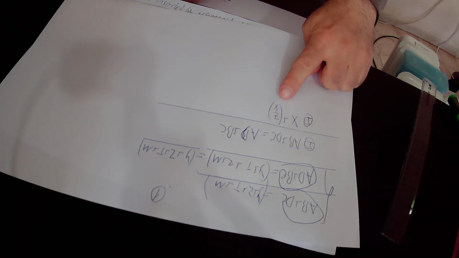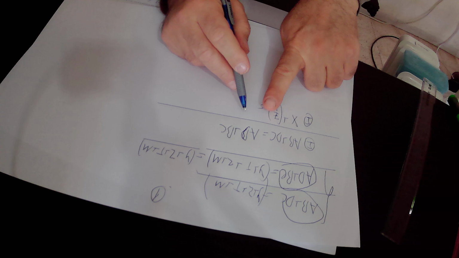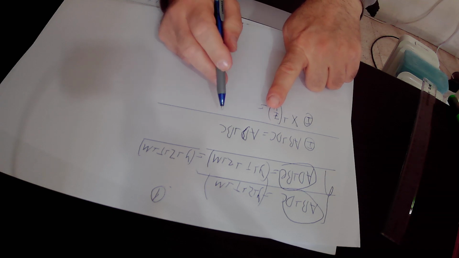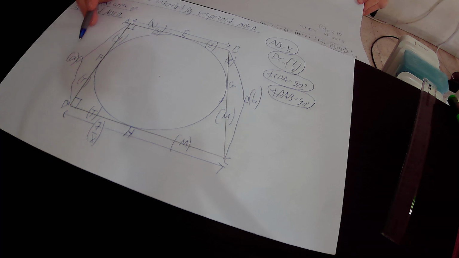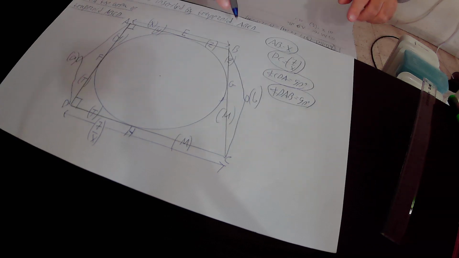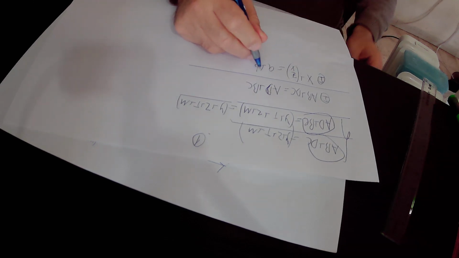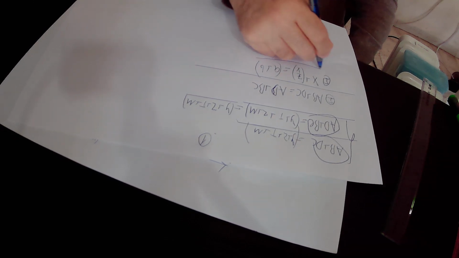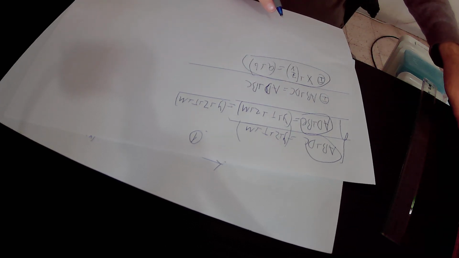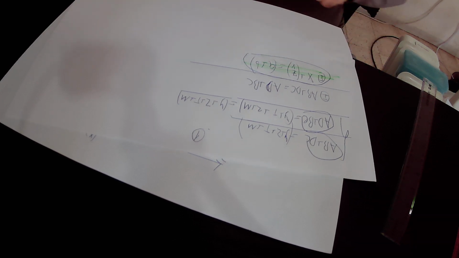So in total, AB plus DC equals X plus 7 over X, and according to equation 1, it equals AD plus BC, which is A plus B. So we found out that X plus 7 over X equals A plus B.